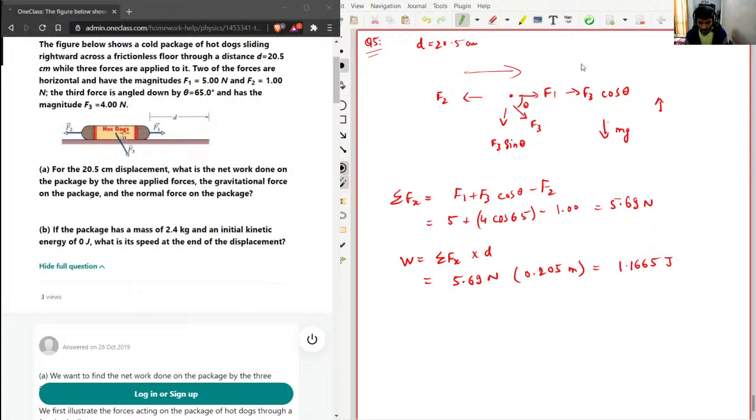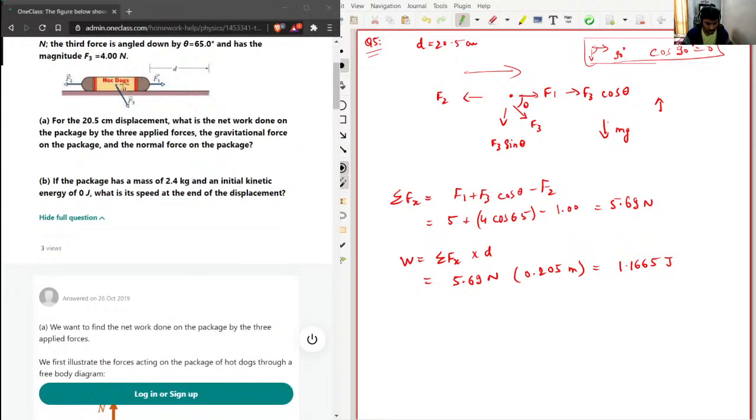The force direction is downwards, and the displacement direction is in the positive x direction, and this will be 90 degrees. So because of this, the work done will be 0 because cos 90 is 0. We won't be considering the normal force or the weight. But if it had any friction, then we would have definitely taken the normal force. But here we won't be taking it. So the first part is done.